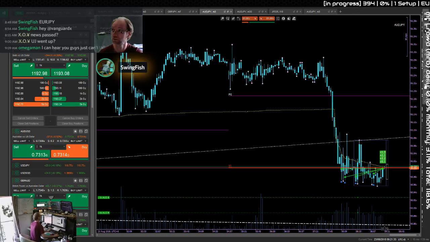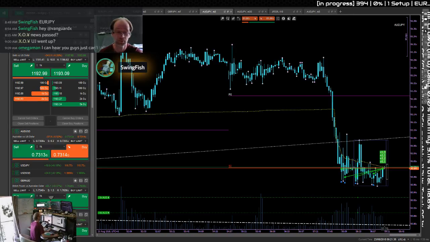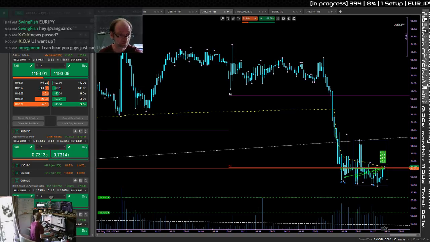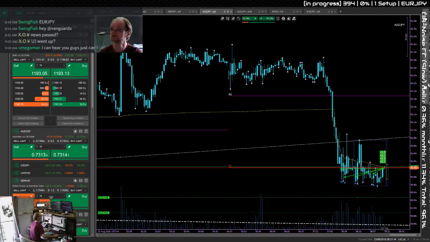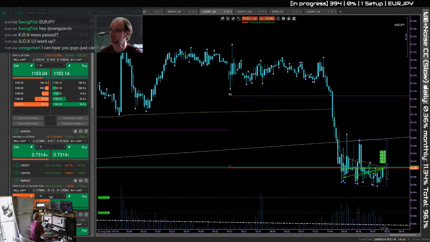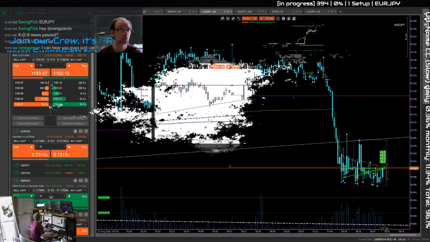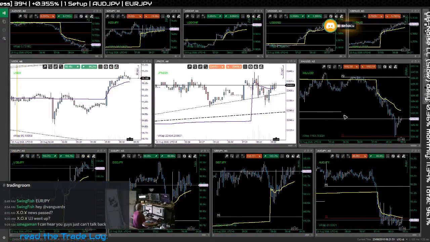This is taking too long. It's not going over the VWAP. I'll write it out to the euro yen.